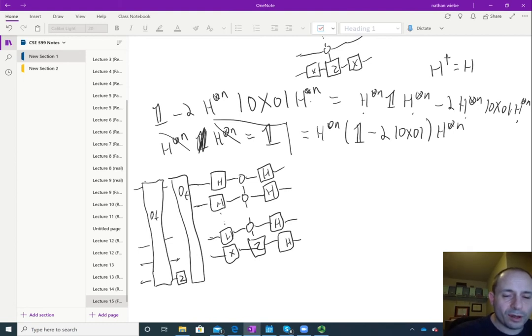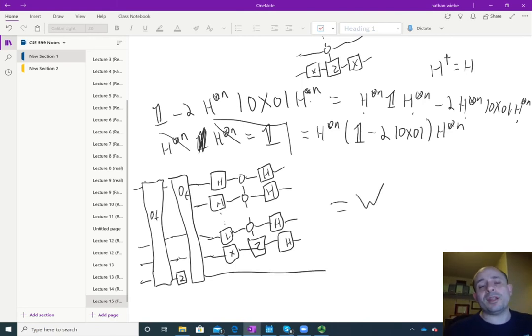Let's just link all of these guys up. Here we go. And this is how we can implement the walk operator.